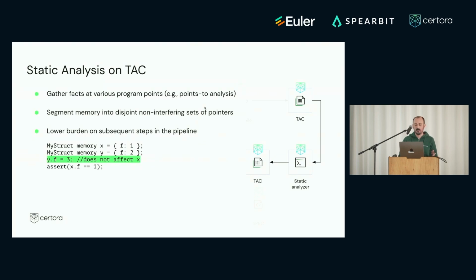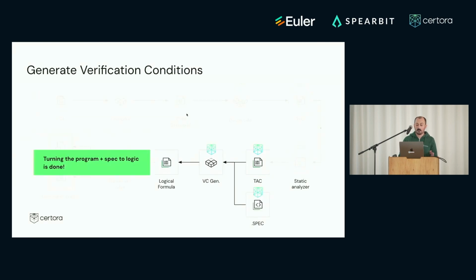So for example, if we have a verification condition that checks this structure X, and we have some other structure Y, and the verification condition doesn't have anything to do with Y, we can simply eliminate this extra code, which simplifies the problem that we hand to the solver. So once we have the optimized TAC code and the specification, we can finally convert both of these into logic, which the SMT solver can help us check.